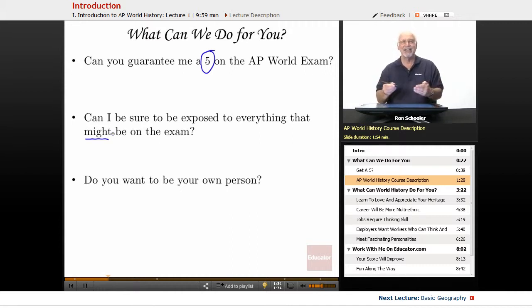And it explains, within it is everything that might be on the exam. So we will cover in the terms of all of these sessions on AP World History, we will cover everything that might be on the exam. Now, they promise that nothing that's not in that course description will be on the exam, and so far that has been true.